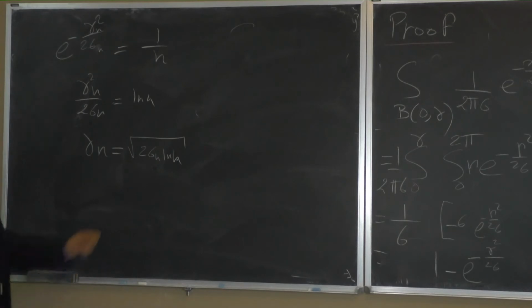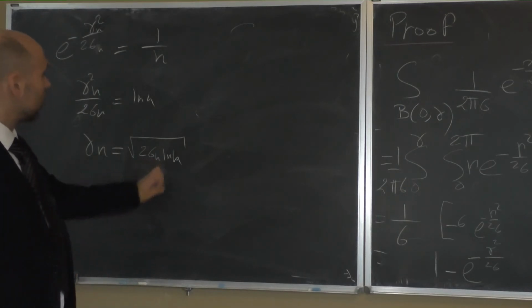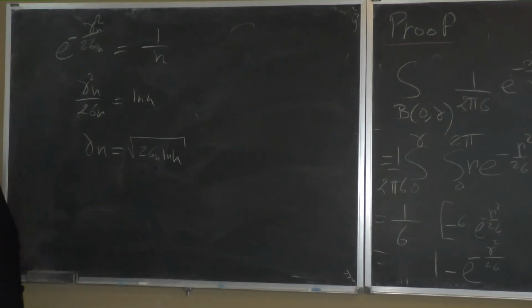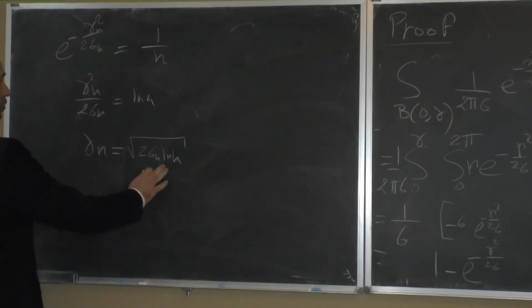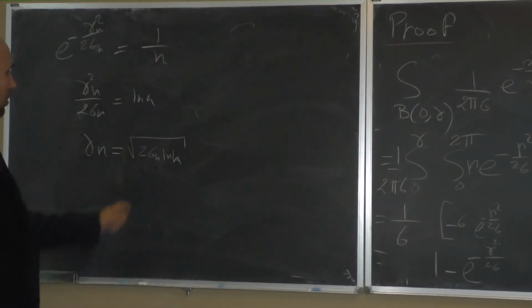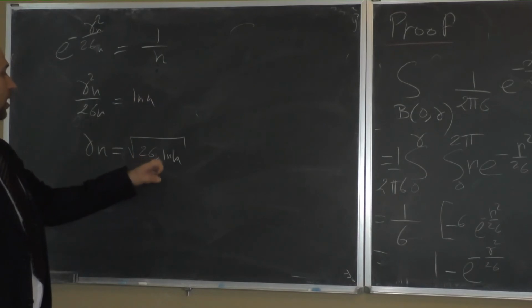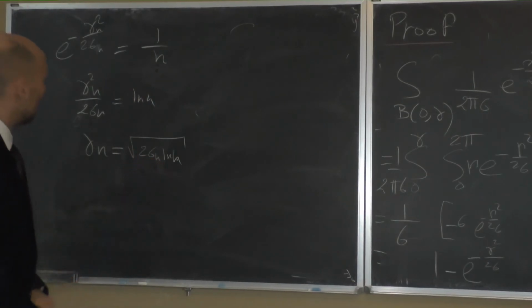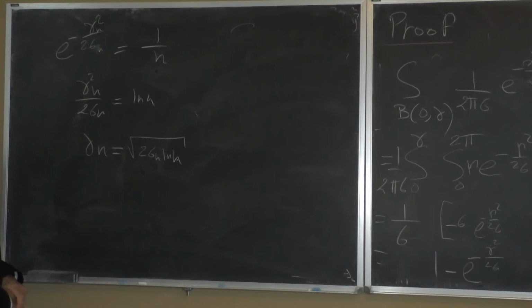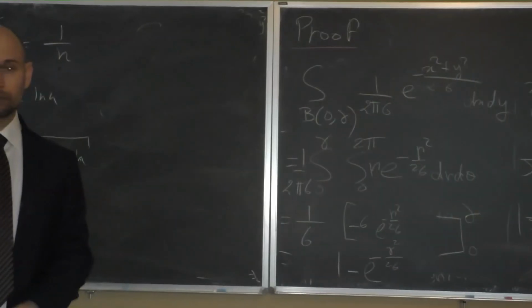Of course, if sigma n will go slower, then I have to choose this quantity such that this one times this one goes to 0. All right, so yeah, we got this proof. Okay.